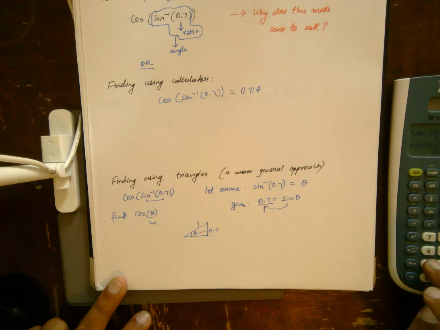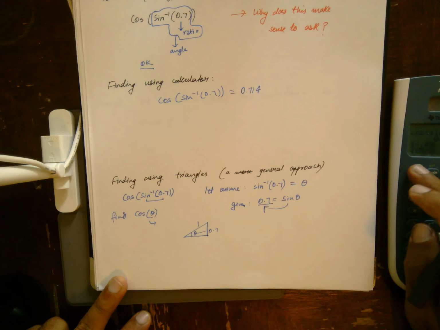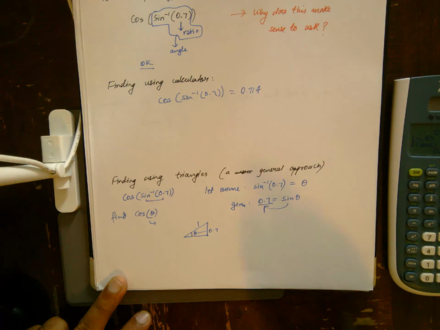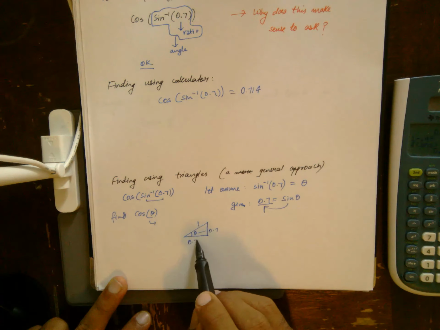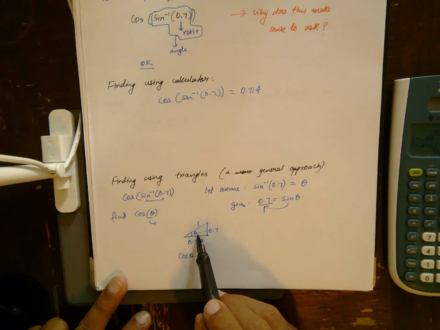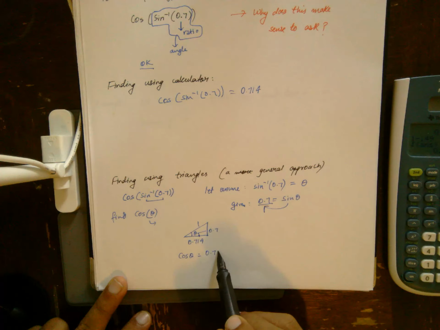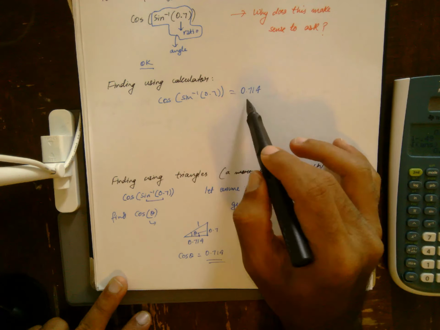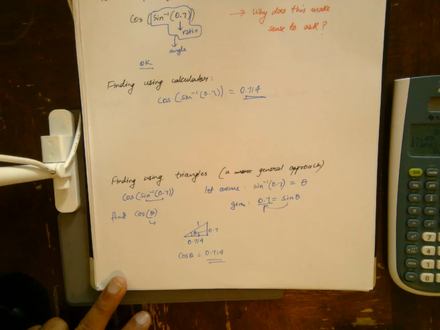Use Pythagoras theorem to solve this. If I do that quickly, it's going to be 0.714, and then cosine theta by definition is adjacent over hypotenuse, and that is exactly what we got from the calculator.